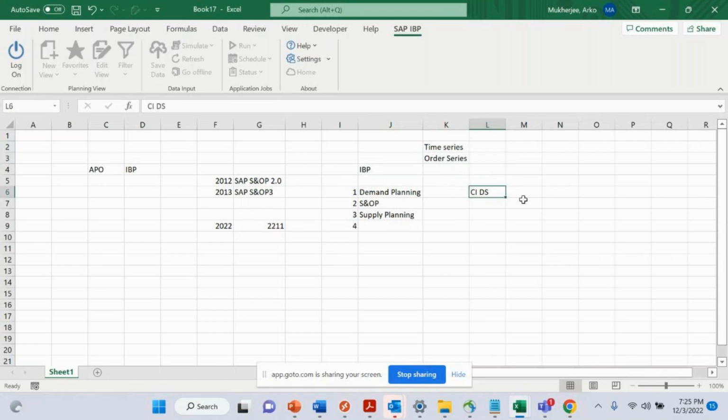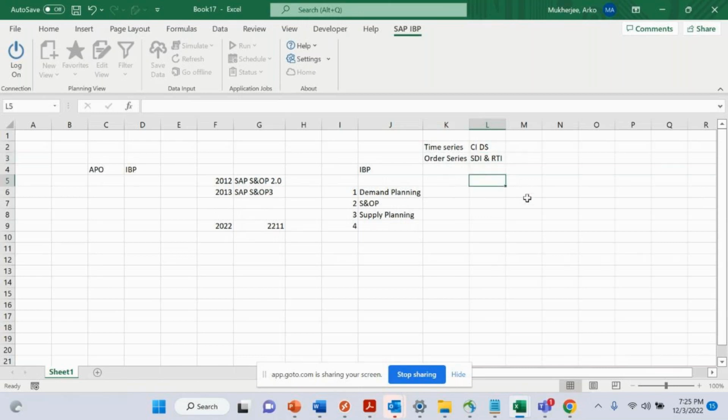The integration used in time series is CIDS, and the integration used for order series is SDI and RTI. Now SAP is more inclined to use RTI, which is real time integration. They are developing this, and as of now the old version of it is SDI.